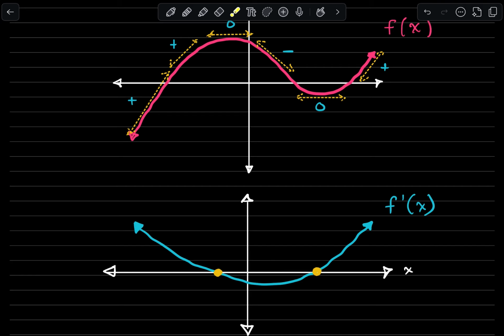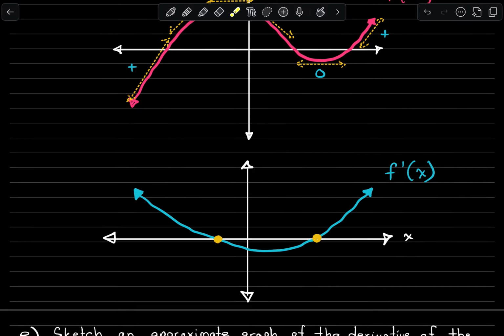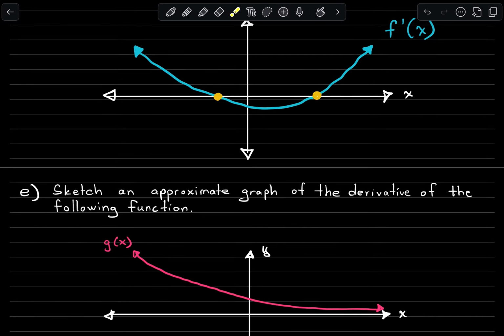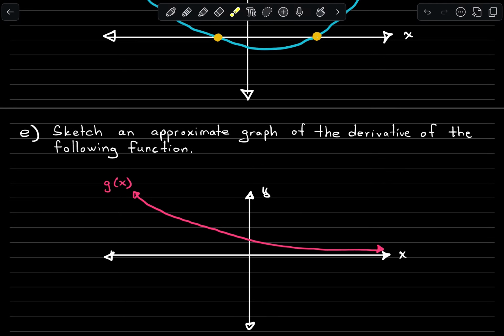Okay, so this is the process of how you might estimate the slope or draw an approximate graph of f prime of x with the graph of f of x. Let's look at another example. So this function g of x is just kind of coming in with initially a very negative slope, right?